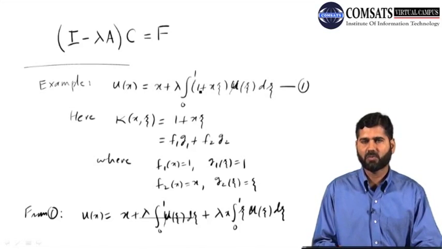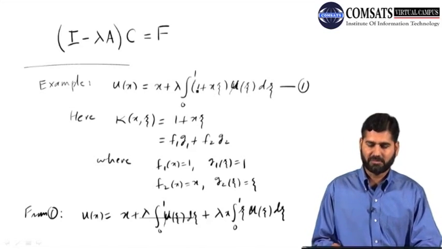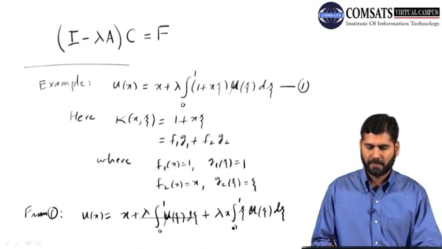I multiplied u(xi) with 1, and then x xi u(xi). x is independent of xi, so you can bring it outside.